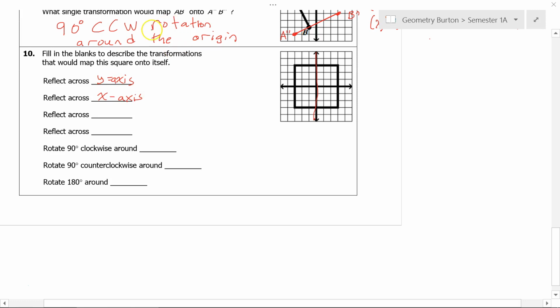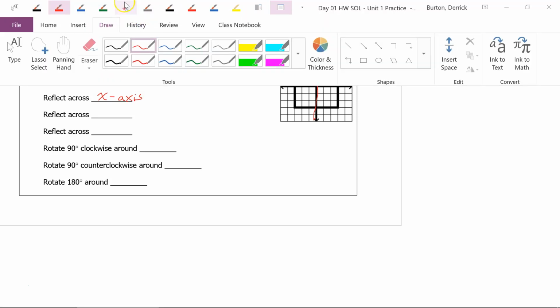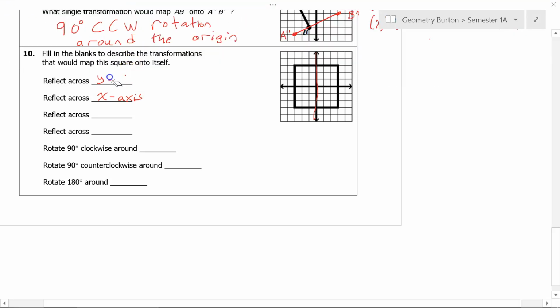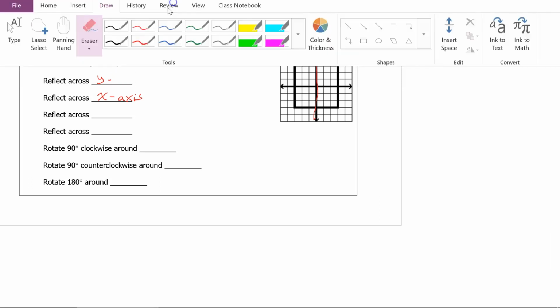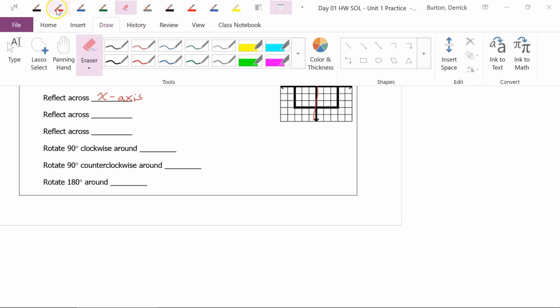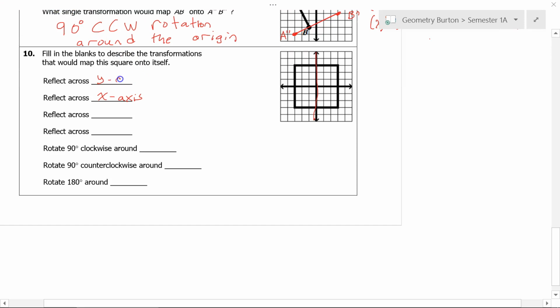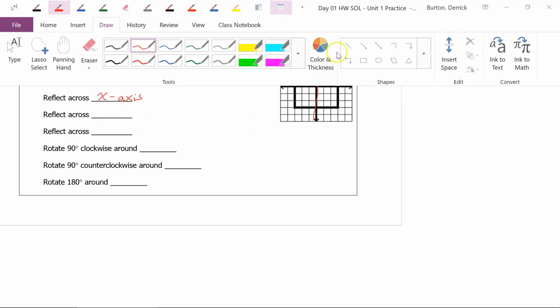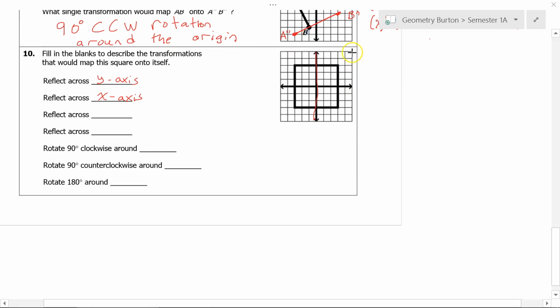Did I put a little equal sign in there? Try that again. Okay, y-axis, x-axis. What else? If you did a reflection over the line y equals x, this diagonal line, can you see how that's a mirror image on either side of that line?